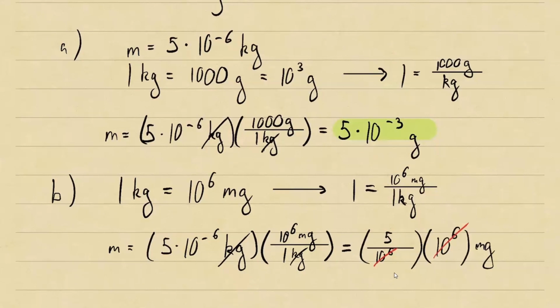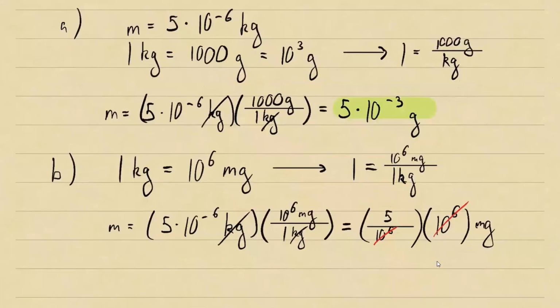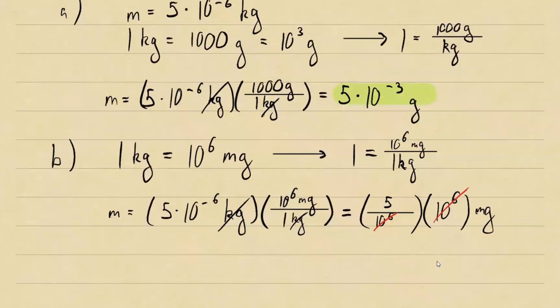Because in this first one, you're dividing by 10 to the 6, which is a million. And in this factor, you're multiplying by 10 to the 6, or 1 million. So you have a million divided by a million, which is 1. And it turns out that this mass in milligrams is just 5 milligrams. That's part B.